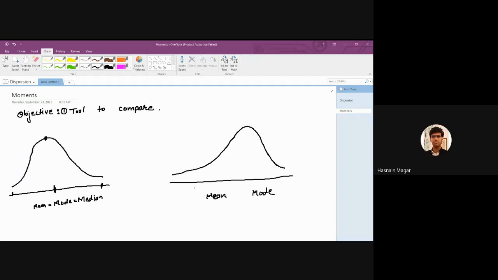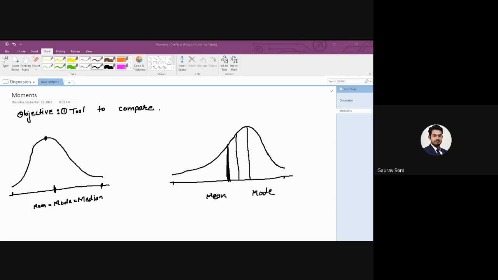This is going to be the mode, and the mean is the midpoint of this observation, so it will be somewhere here. Mode will be somewhere around this. Why is this happening? It's not distributed uniformly. That's why.